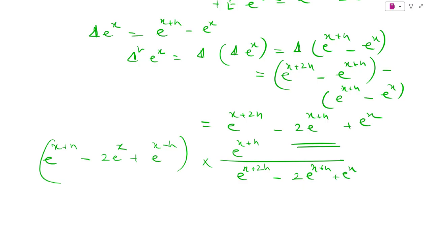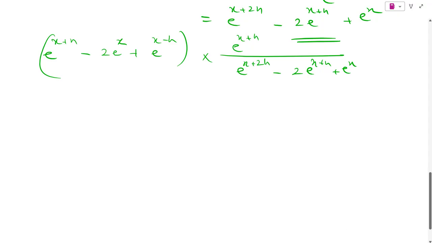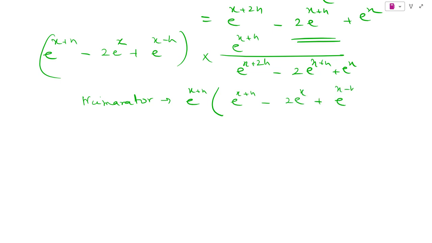So let's distribute e to the power x plus h into the first bracket. So the numerator will be e to the power x plus 2h minus 2 into e to the power x plus h plus e to the power x.